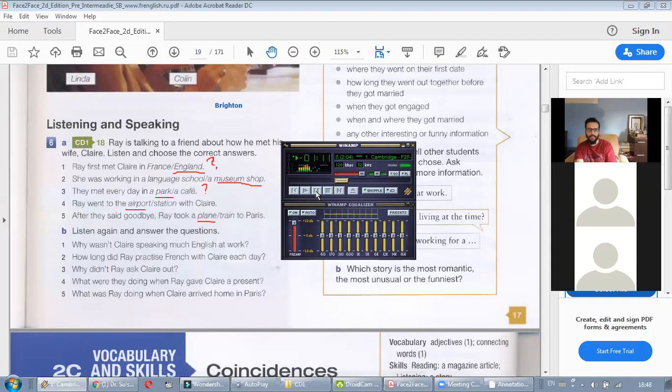So what happened? Well, 3 weeks later, her summer job finished, and it was time for her to go back to Paris. I went to the airport with her, and while we were waiting for her flight, I gave her a present. It was an English dictionary. She laughed, and I suddenly thought, what if I never see her again? I felt really sad. Was she sad too? Yes, she was. She was crying when we said goodbye. Anyway, she gave me her address and asked me to visit her sometime. So what did you do?